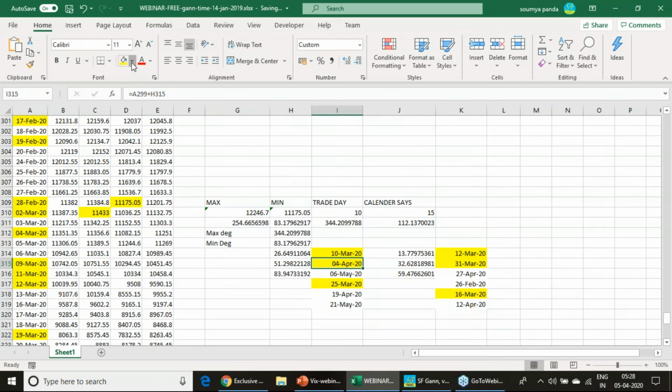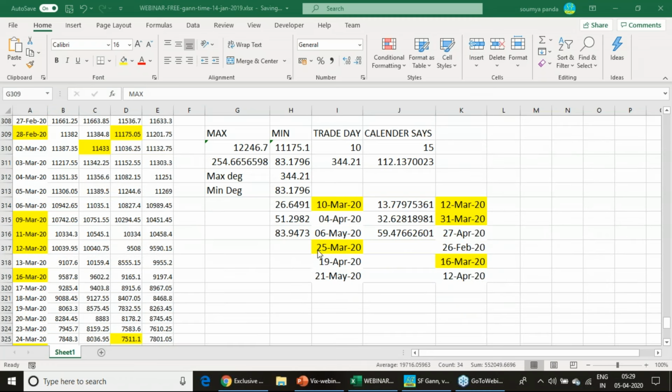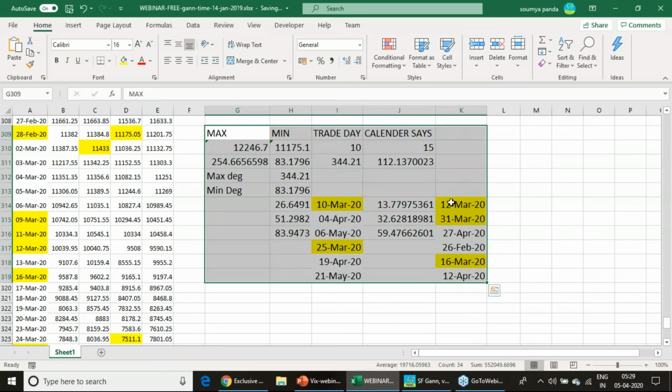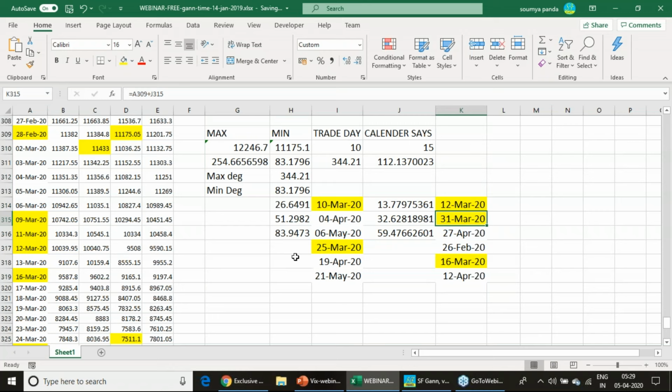Now if you look into the month of March, which days has it given us? 10th March, 12th March. I'm just going to color out all these days of March: 10th, 12th, 16th, 25th and 31st March are the trend reversal days. 10th is a holiday.